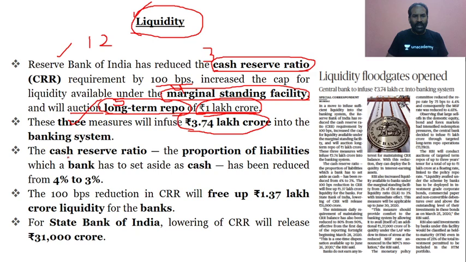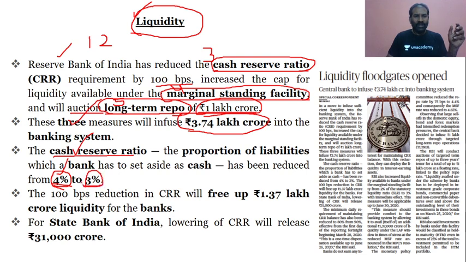As we have also seen, the cash reserve ratio, the proportion of liabilities that the bank has to set aside as cash, has been reduced from 4% to 3%. That means the amount the banks have to keep reserved with the RBI, the cash reserve ratio, which was earlier 4%, has been reduced to 3%.